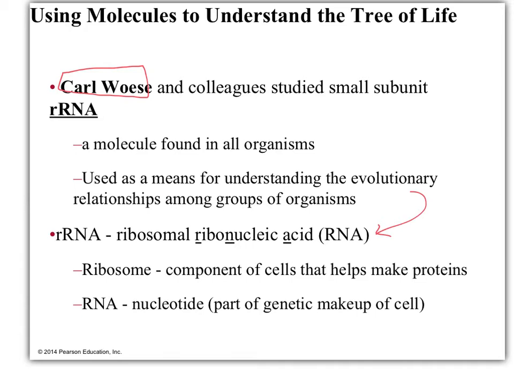We know that we all have DNA. And from DNA, you can have the formation of RNA. And there are different forms of RNA, and one of the forms of RNA is rRNA, ribosomal RNA.